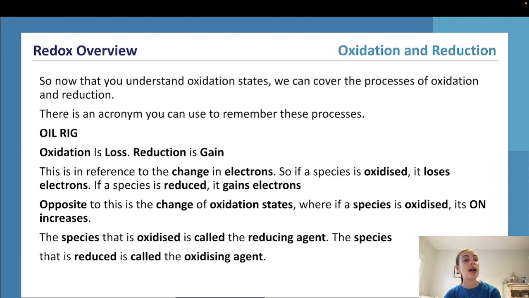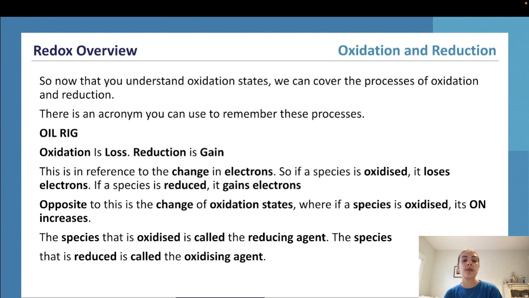There's quite a useful acronym you can use to remember these processes, and this acronym is called OIL RIG. Oxidation is loss, reduction is gain. So oxidation is the loss of electrons and reduction is the gain of electrons.